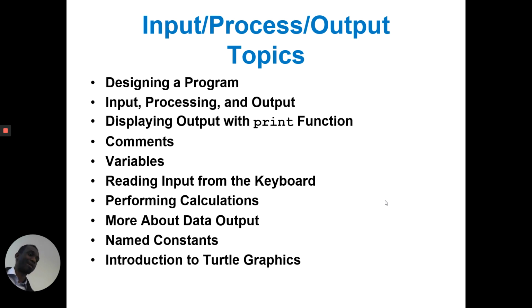Now in this chapter we have designing a program, input, processing, and output that I just mentioned. Displaying output with a print function. So to output something we use a print. Comments. Basically when you document your program you have to use what's called comments, to explain what that program is doing, what that line of statement is doing, and so forth, what that function is doing.